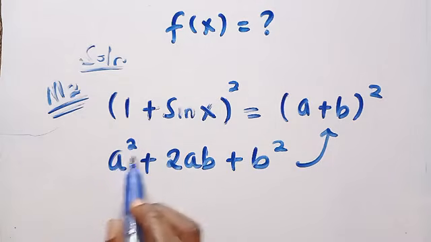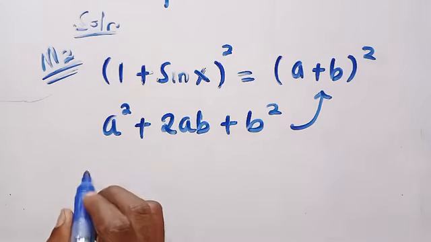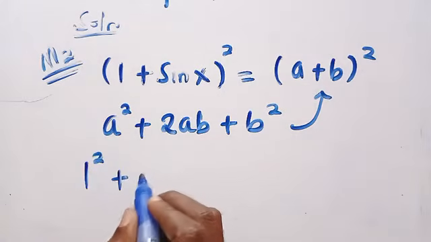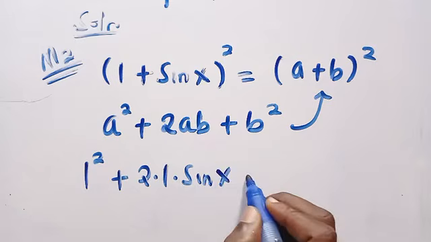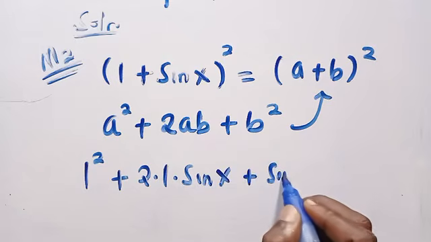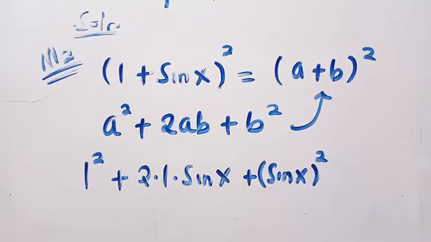If our a is 1 and b is sine x, we are going to have 1 squared plus 2 multiplied by 1 multiplied by sine x plus sine x all raised to the power of 2.